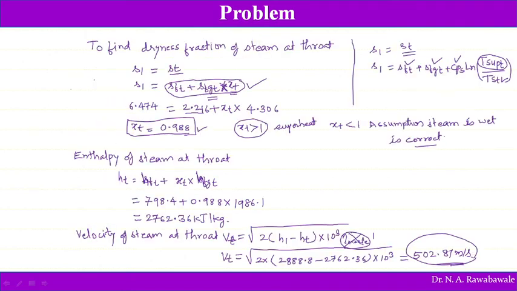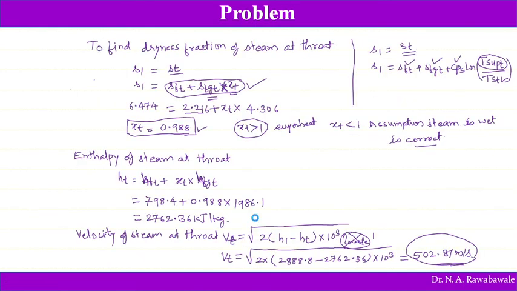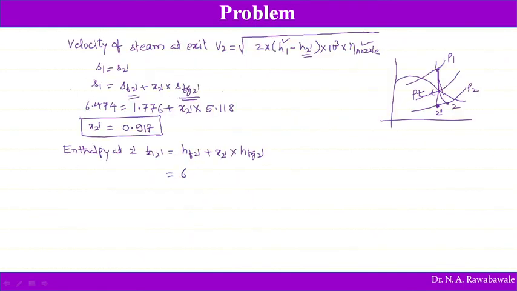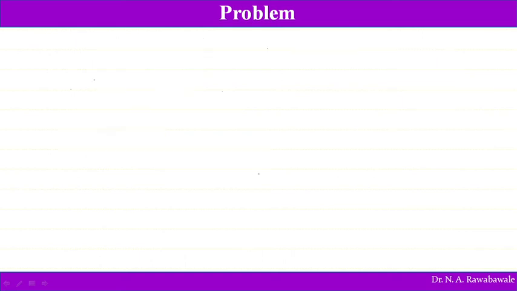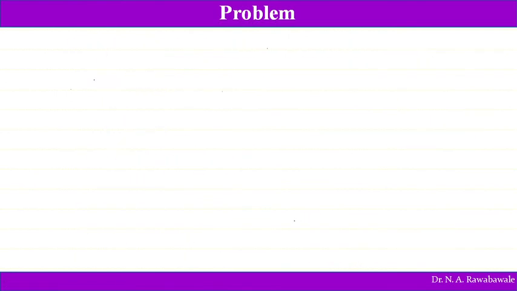HF2 dash is 604.7, plus X2 dash, which is 0.917, into HFG2 dash. HFG at pressure P2 is 2132.9.